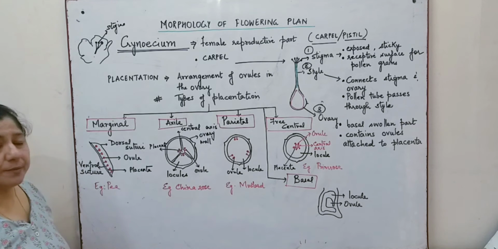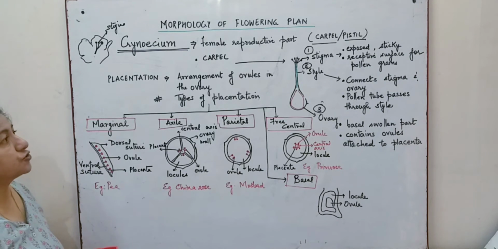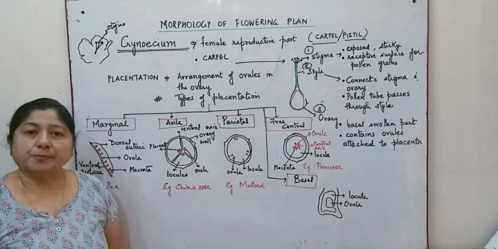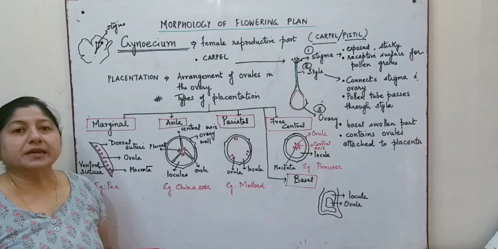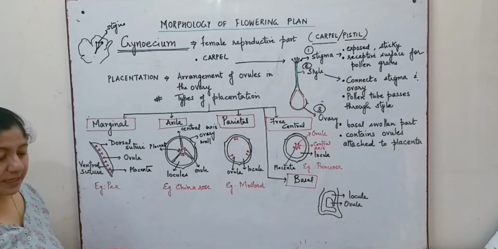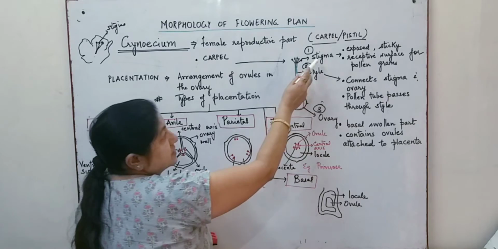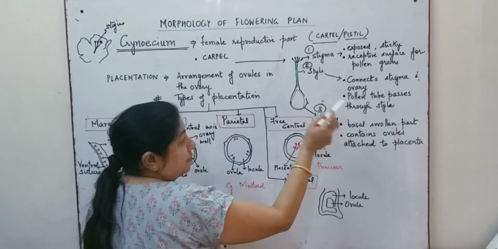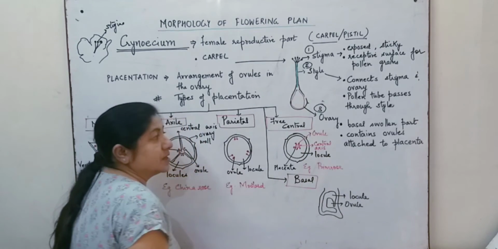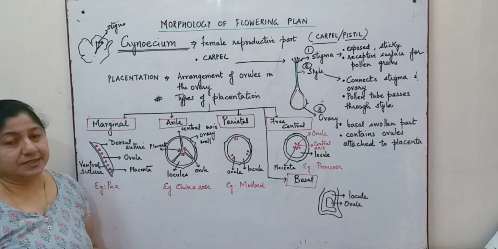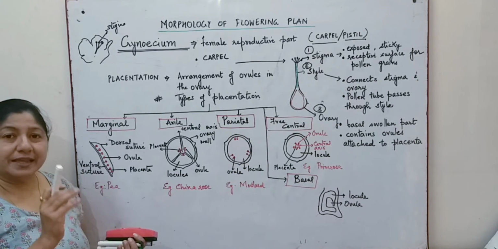So the female reproductive system of a flower consists of the carpels or the pistil, and they can be monocarpellary or multicarpellary depending upon the number of the carpels, and these carpels have a basic structure consisting of stigma, style, and the ovary.